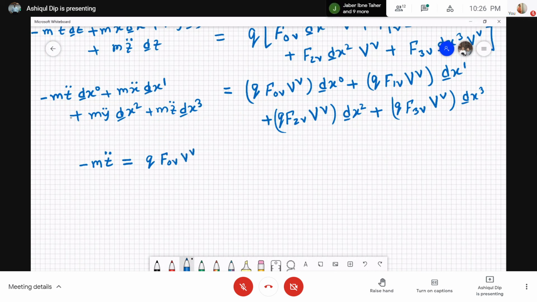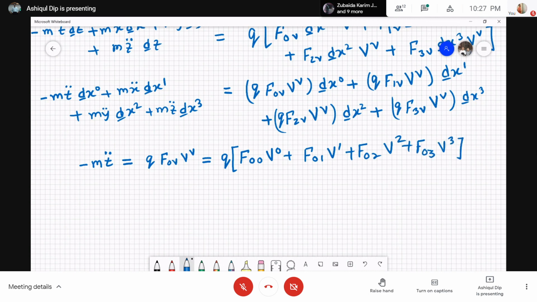Now it's time we expand this thing as well. So q, or let's factor out q, then I do not have to write it again. f00 v0 plus f01 v1 plus f02 v2 plus f03 v3.